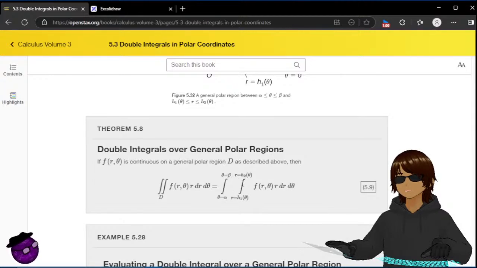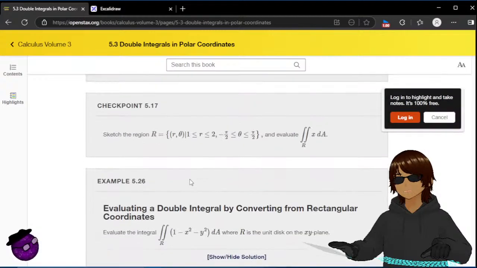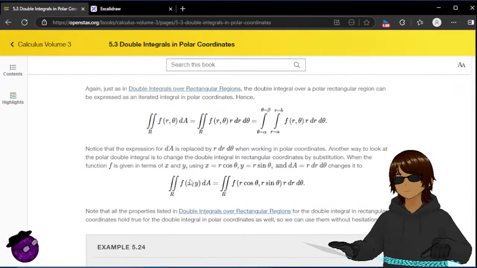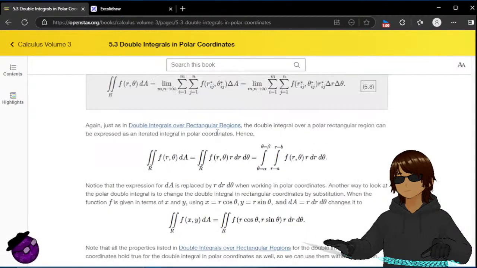We have r as a function. Hold on. We have this dA and we have r at the end.